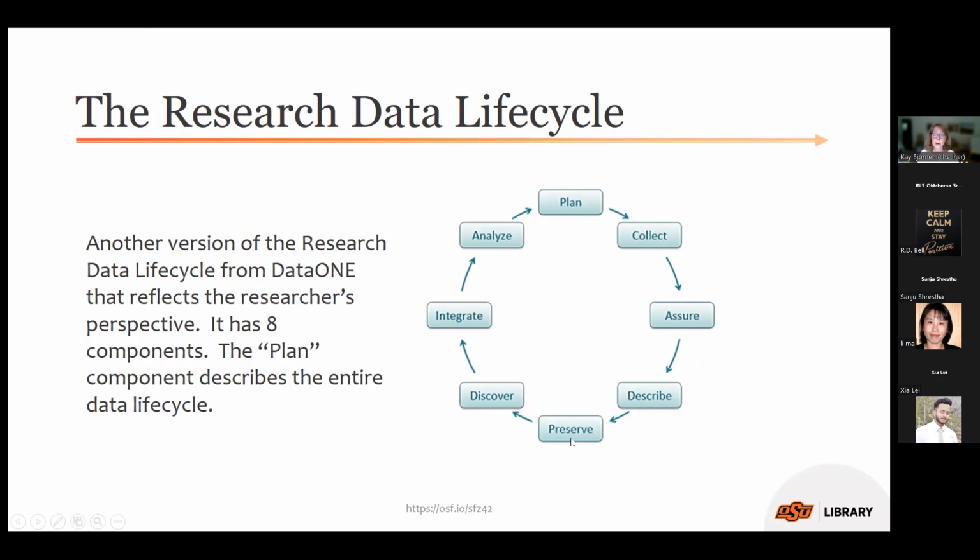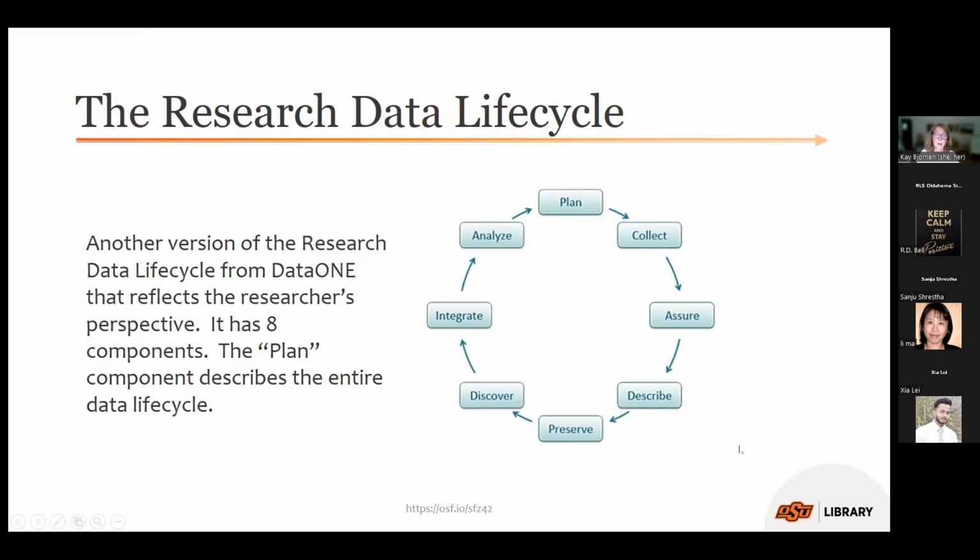Preserve is where it goes to the repository. Okay, so now we have additional steps that incorporate the open data. So you go looking for additional data. That's the discover step. Integrate, put them all together to create a single data set, analyze. So obviously, many projects only incorporate a few of these steps.